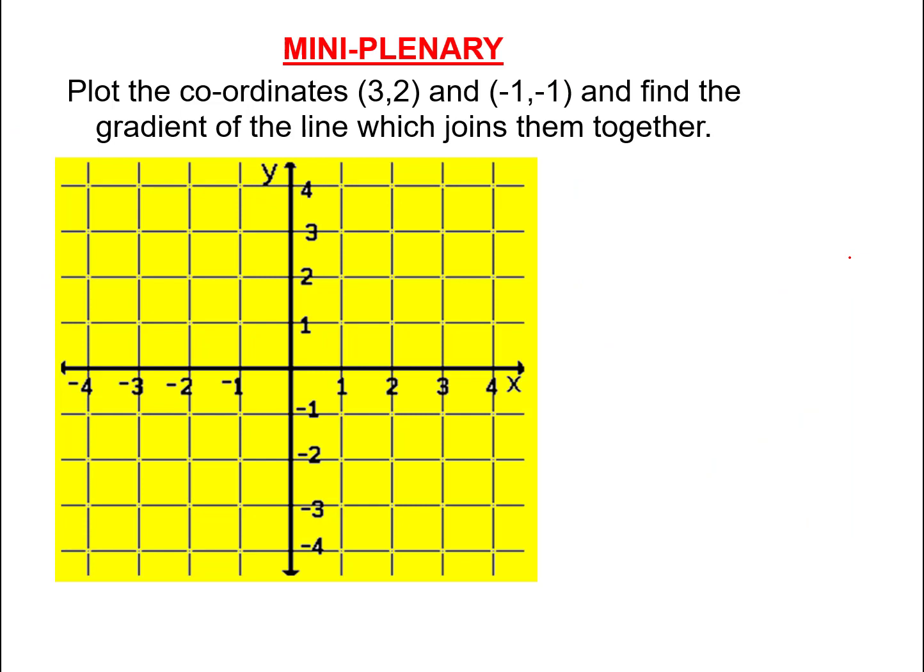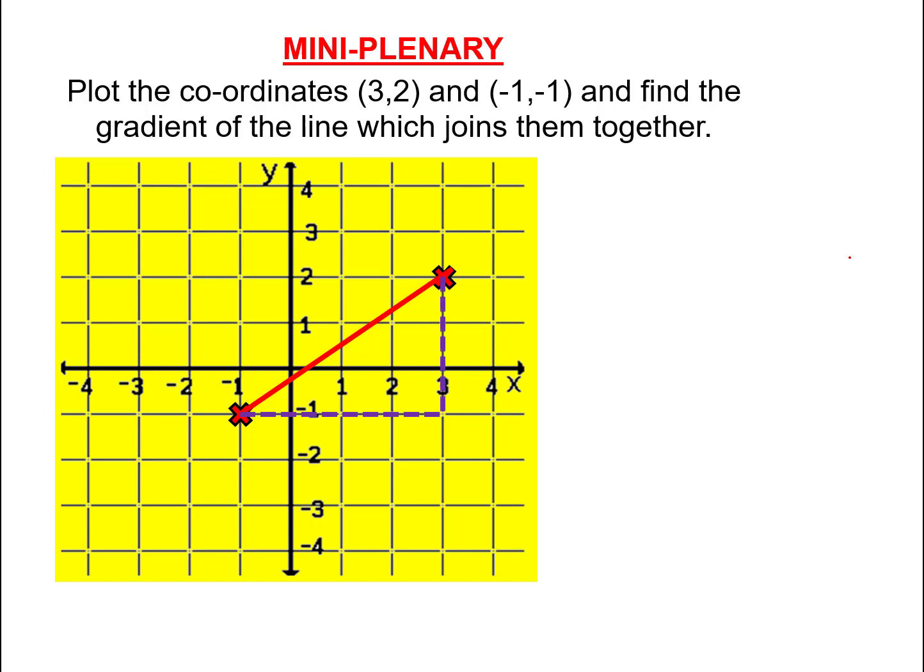Right. Later on, you do need to be able to find the gradient from 2 points. That's almost a grade 5 topic, where they just give you 2 coordinates. You could get a question like this, so just remember how to plot your coordinates. Drawing a line up, don't really need it, but you do need to make that triangle. They've got a cross first and up, but I always go vertical.